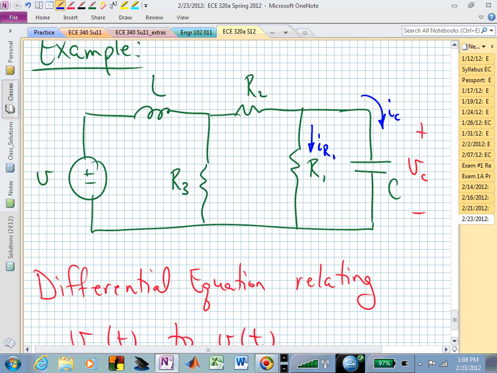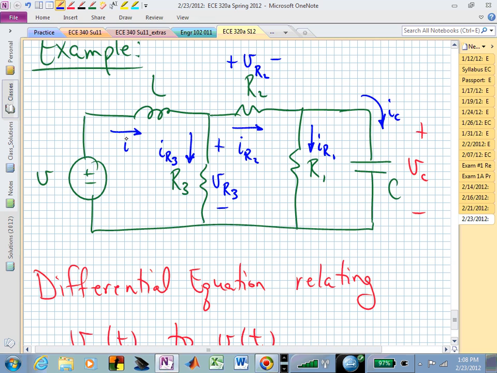I might like to know what this voltage drop is. I will call that V sub R sub 2. And I might also like to know what that current is. That's I sub R sub 2. Likewise, this voltage drop will be V sub R sub 3. This current will be I sub R sub 3.